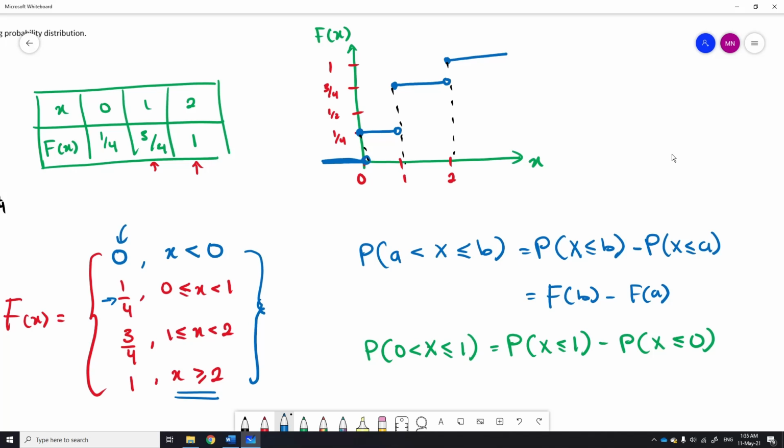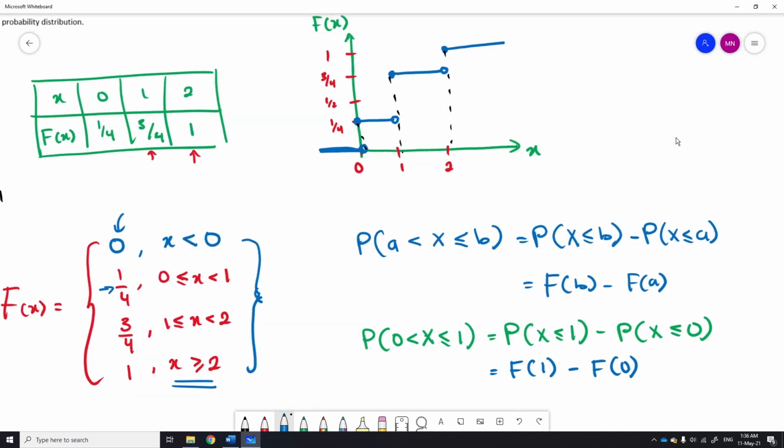The probability of x less than or equal to 1 is actually equal to F(1), and the probability of x less than or equal to 0 is equal to F(0).